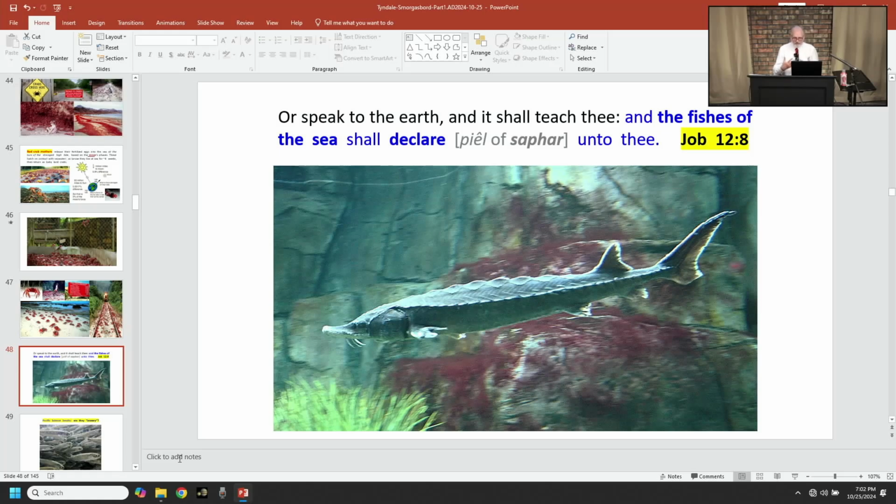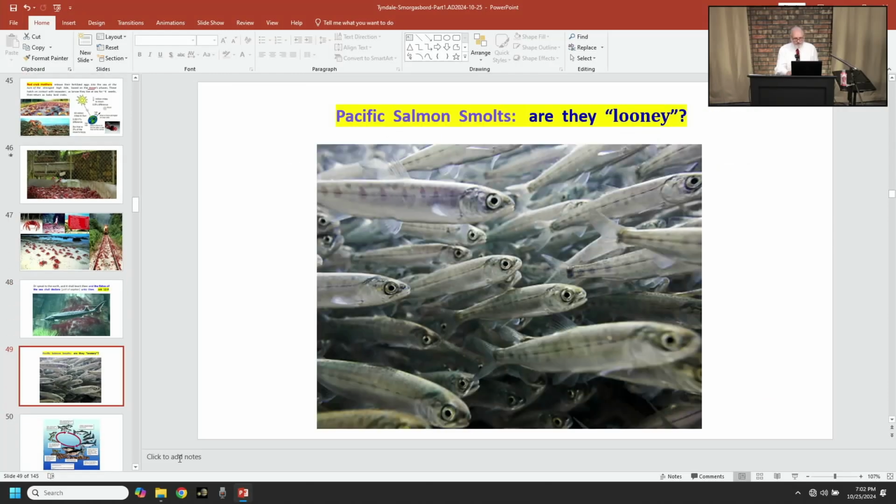So anything that records detailed information, we'd call that a book. And a human who records detailed information, we might call that person a scribe or a reporter. But that's what the fish are doing. They are declaring in great detail to us information about God's actions and displaying his intelligence in his creation.